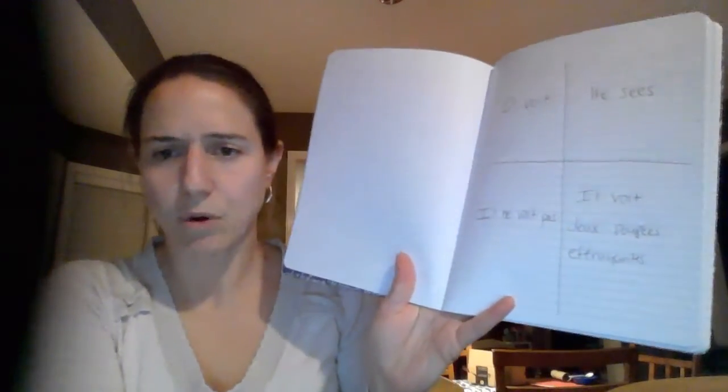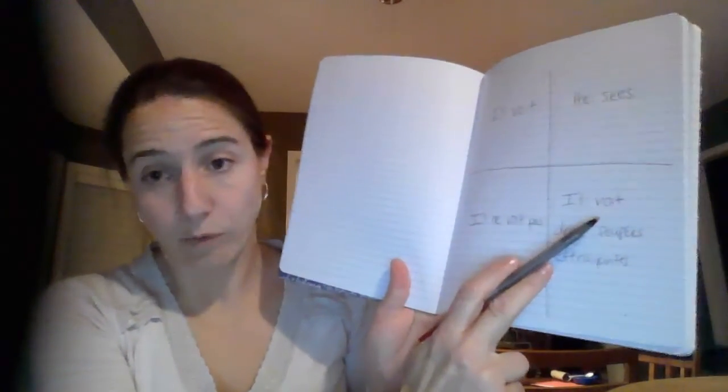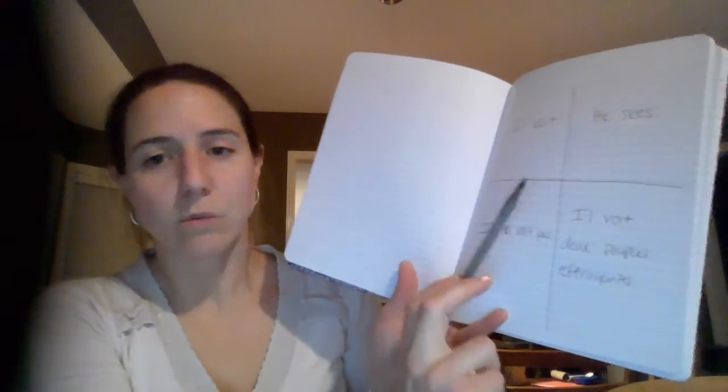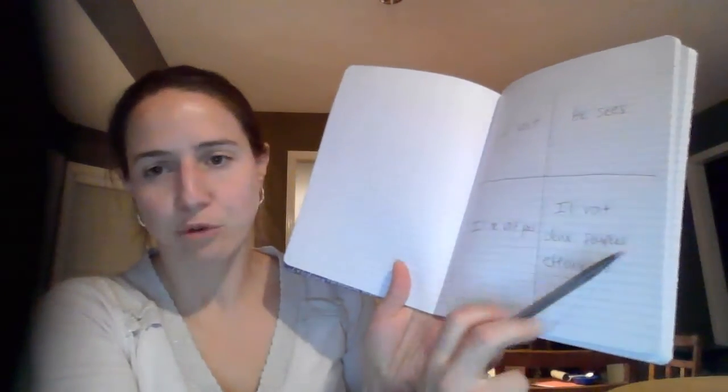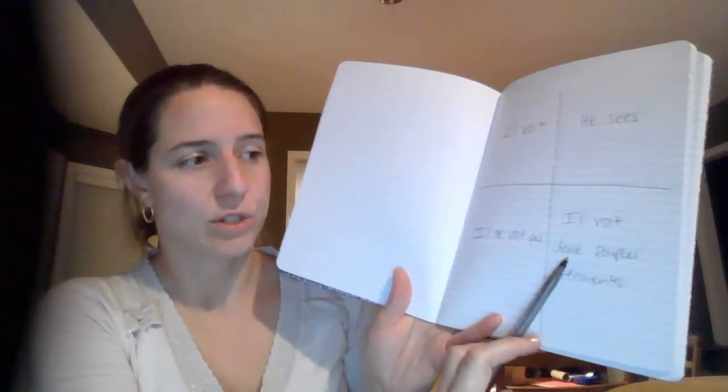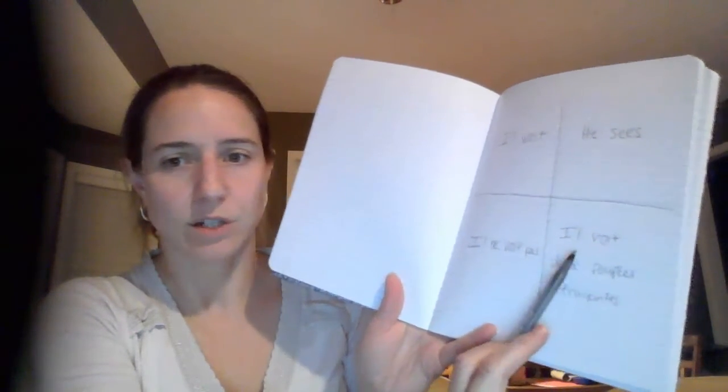I'm changing this a little bit because in the actual story, it would be elle voit, because our main character in Closet Space is a woman. Here, we're saying il voit deux poupées effrayantes. So instead of she sees something, he sees 2 scary dolls.